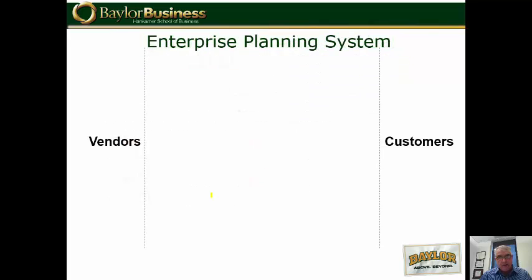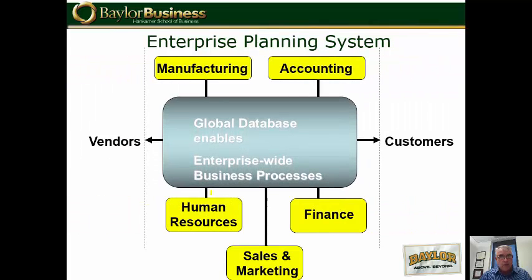This is a graphic of what you get with an ERP system: you get an enterprise global database. The nice thing is that when one function inputs data, like accounting or sales and marketing, it automatically becomes available to other functions. So there's shared data across functional areas, which allows for integrated business processes.